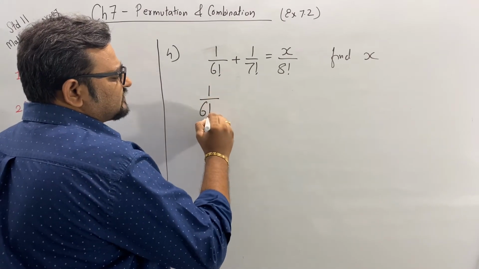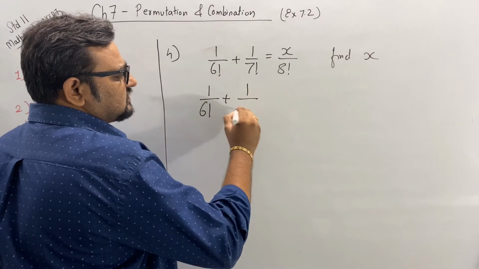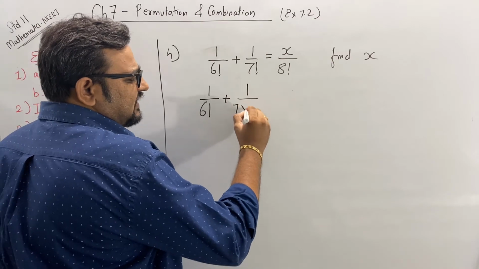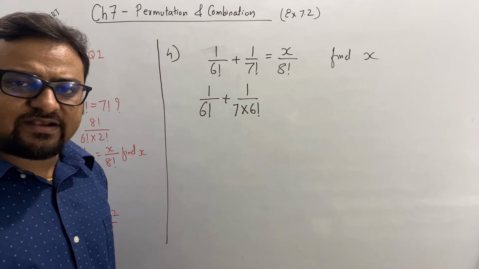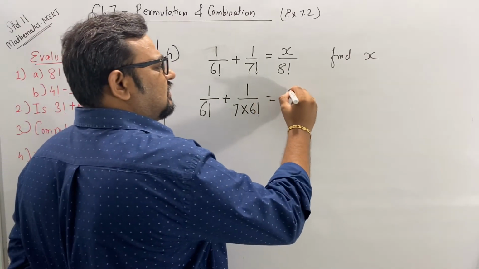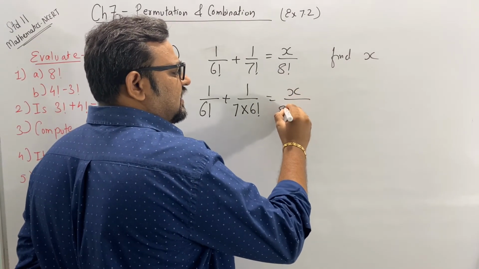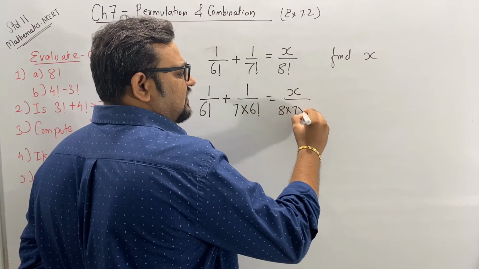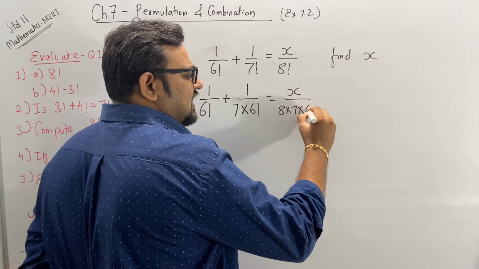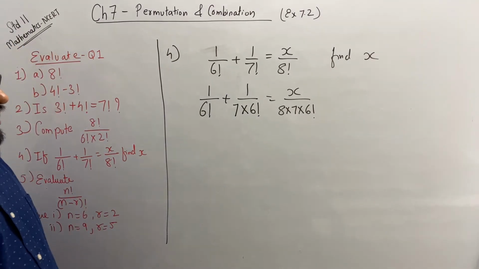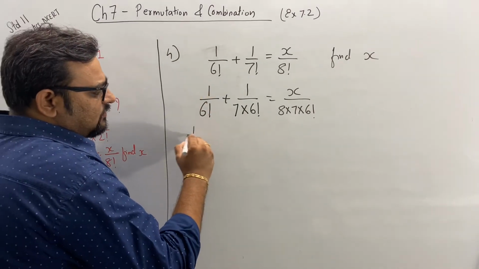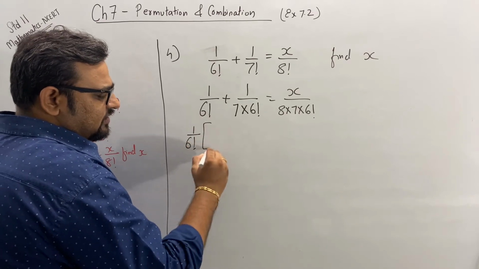1 upon 6 factorial plus 7 into 6 factorial, right? Equal to x upon 8 into 7 into 6 factorial. I need to stop here. So 6 factorial. Okay. So I can take common 1 by 6 factorial here.